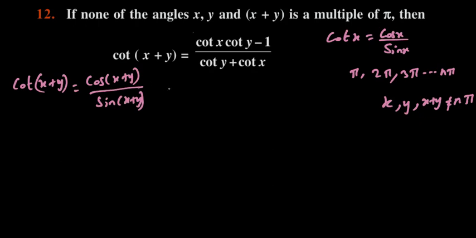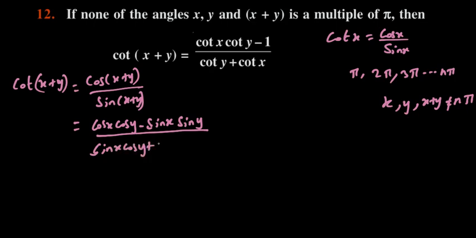Cos of x plus y is cos x cos y minus sin x sin y, divided by sin of x plus y, which is sin x cos y plus cos x sin y.